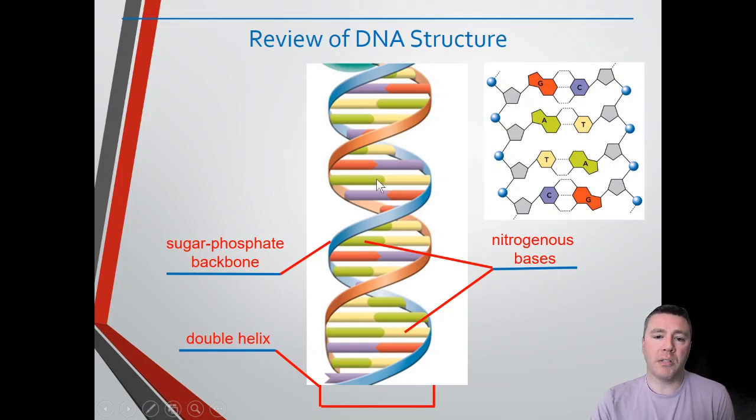And then, of course, the bases on the inside: the green corresponds to adenine, the yellow corresponds to thymine, the purple corresponds to cytosine, and the red corresponds to guanine. So every place where there's a cytosine, there's a guanine. Every place where there's a thymine, there's an adenine.